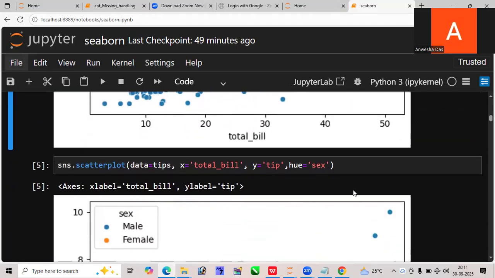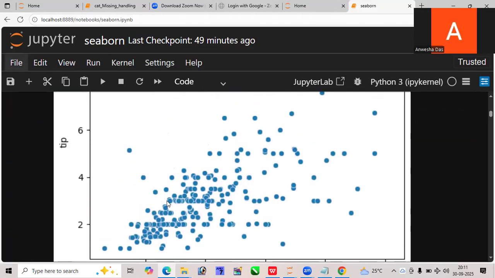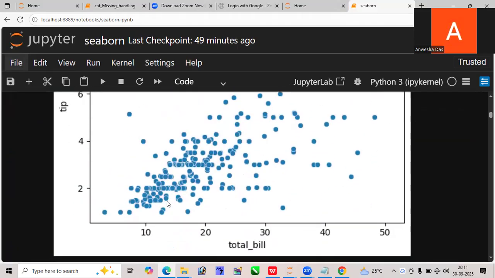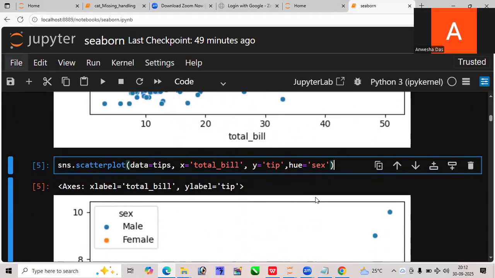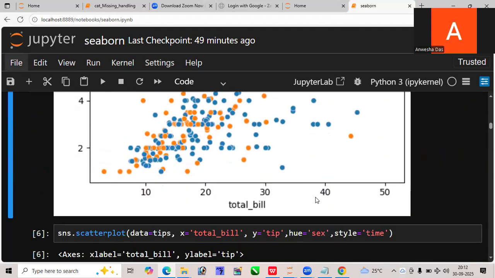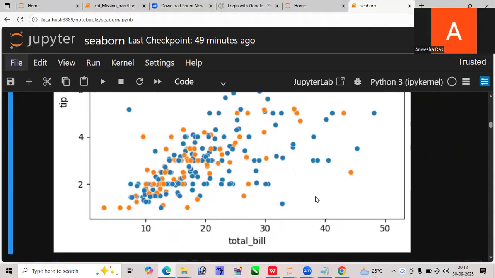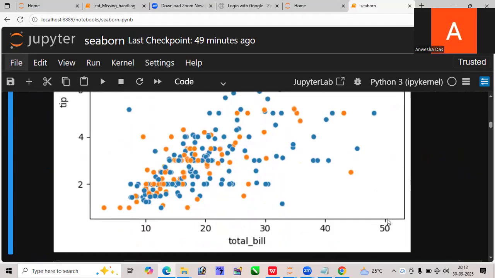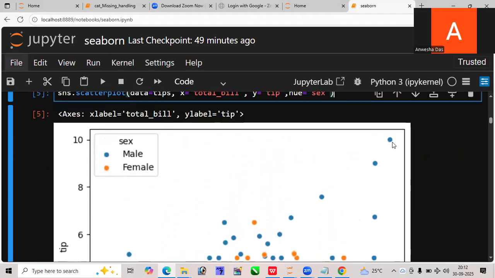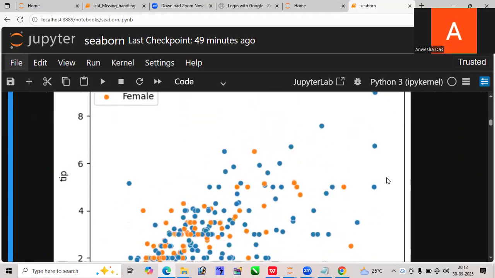Now, if you consider the total bill and tips, and as well the sex, meaning the female and male contribution to tips. If you see this data carefully, the male gives more tips compared to the female.